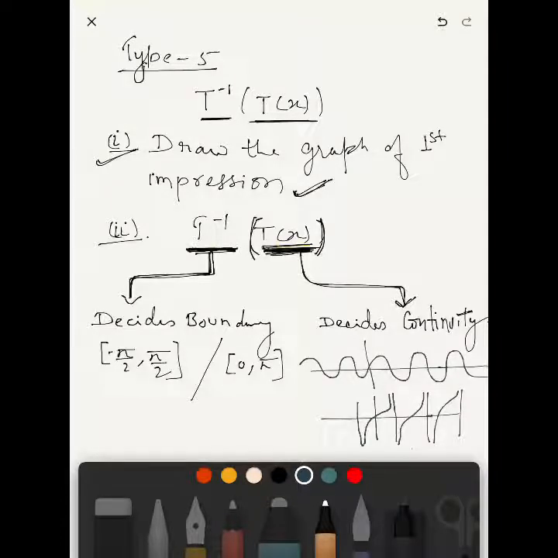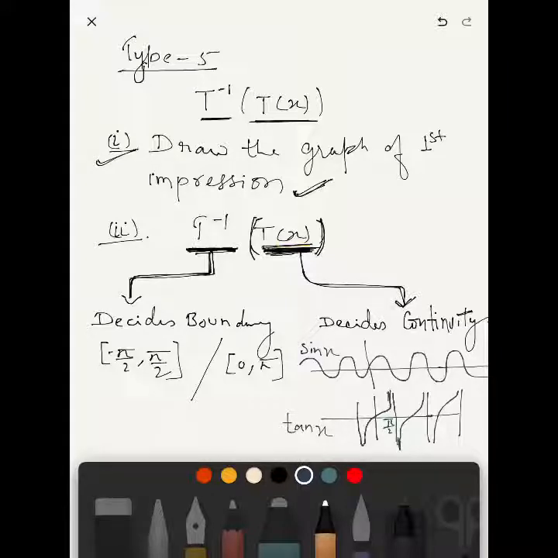At pi by 2 your graph is discontinuous; it breaks from here and starts from here. This is your tan x graph and this is your sin x graph. I hope you understood what is continuous and what is discontinuous.